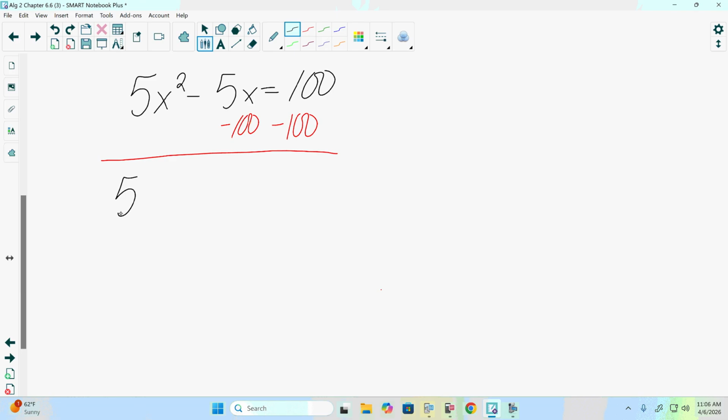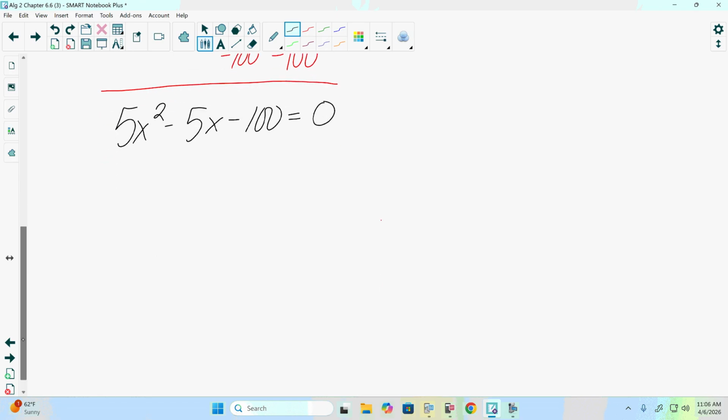Telling us that we have 5x squared minus 5x minus 100 is equal to 0. Questions on any of this so far? Questions on how we got to this point here?